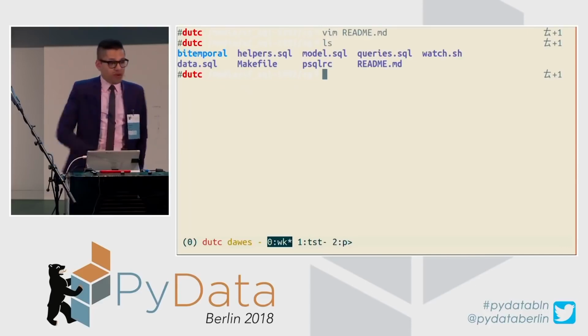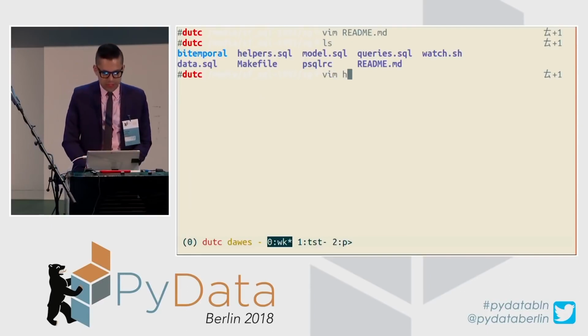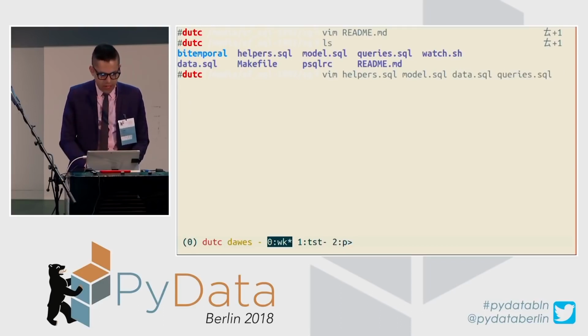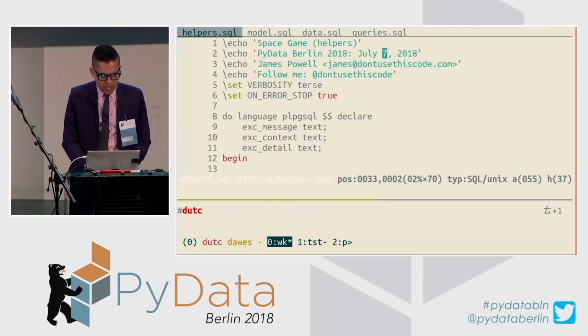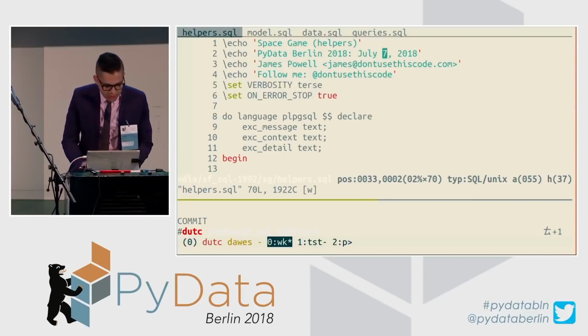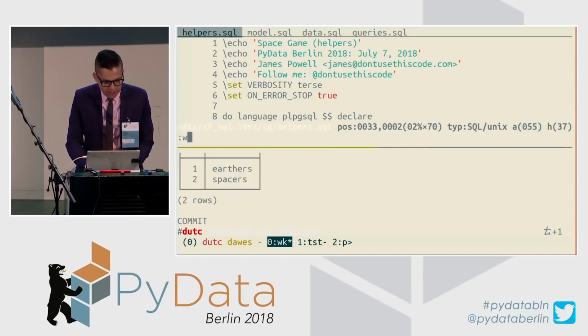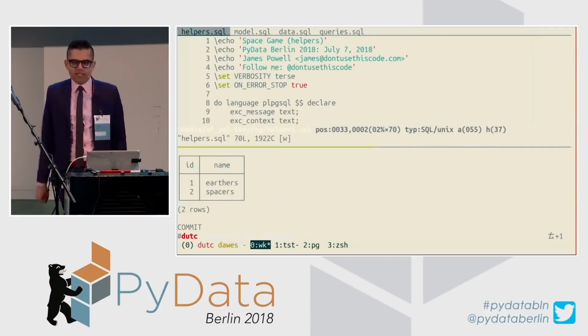There's a couple of SQL files, and I'm going to do everything in SQL files. So I have 4 files here: helpers.sql, model.sql, data.sql, and queries.sql. And I've got a makefile that makes things a little bit easier. And there's one little trick I'll do. Every time I save one of these files, you see it really quickly blinked a bunch of stuff on the bottom. Let me actually zoom down there. Every time I save this, it'll just rerun my tests in the background.